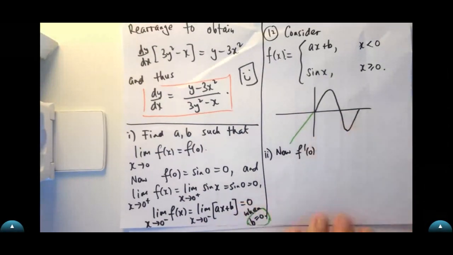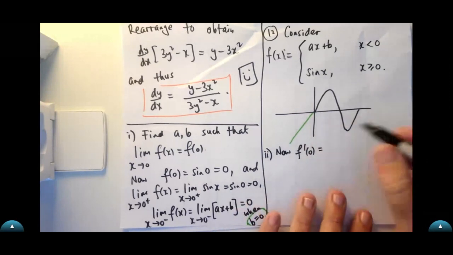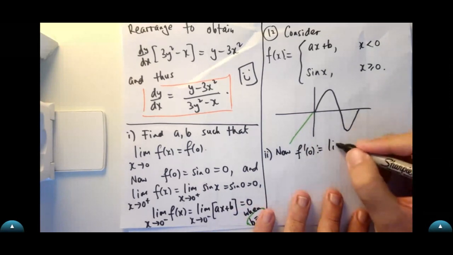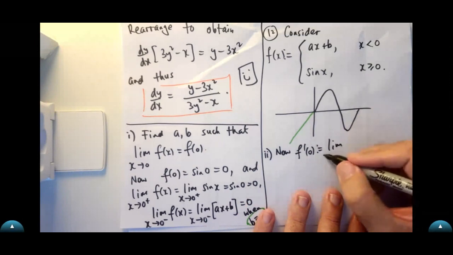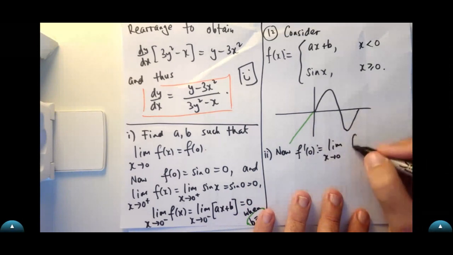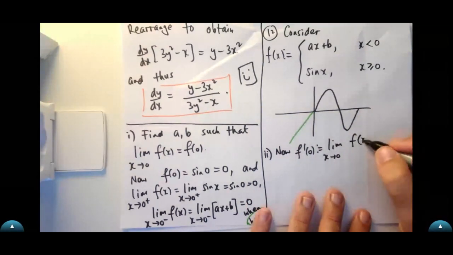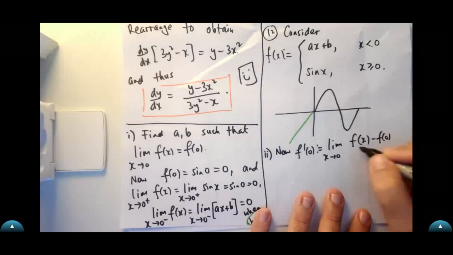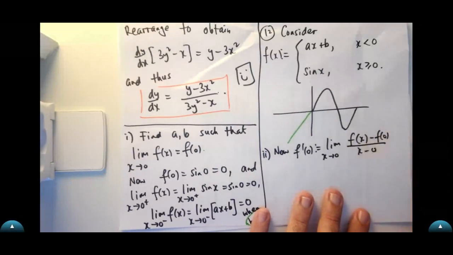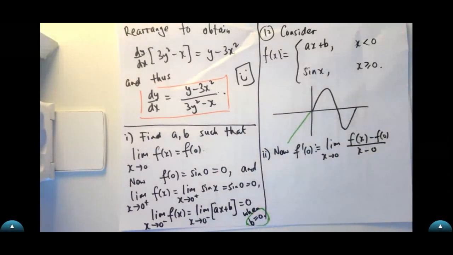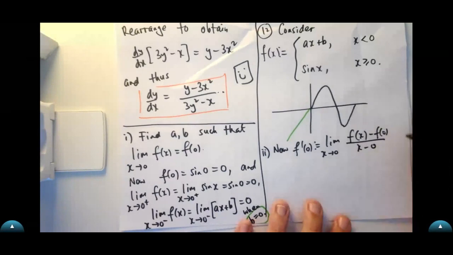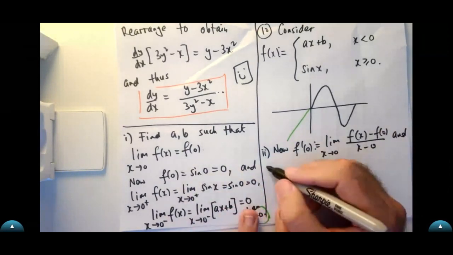The derivative at x equals 0 is defined in the following way. I'm not using h's in this, I'm just using this definition here. Let's consider this from the right and from the left, similar to what we did over here.